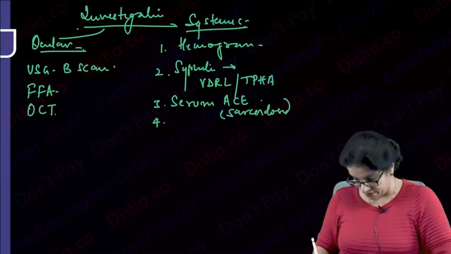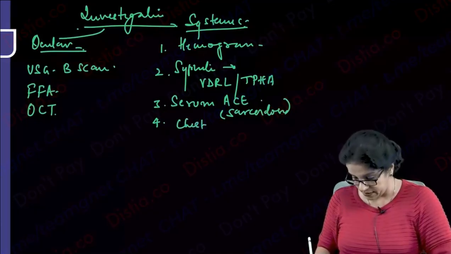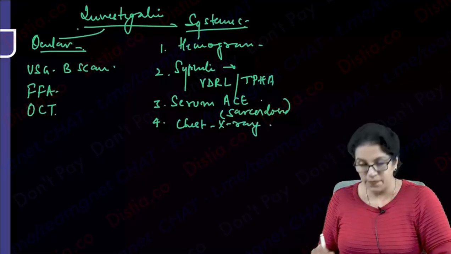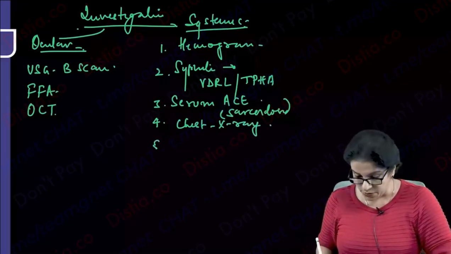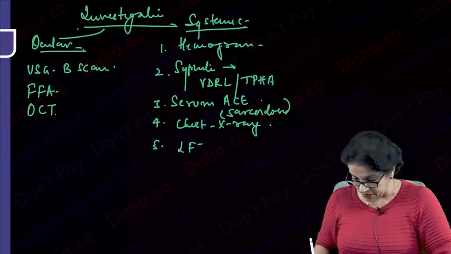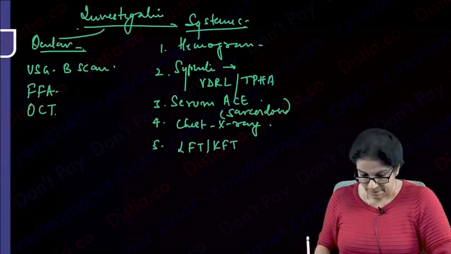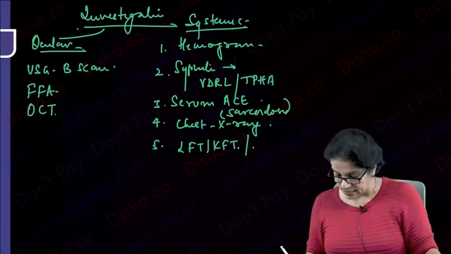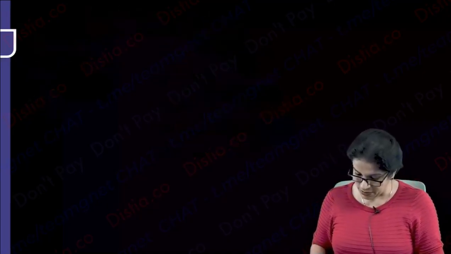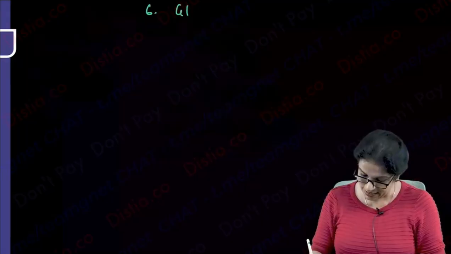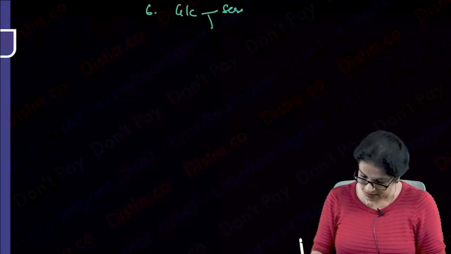And of course, I can also do a chest X-ray, right? Then I should also be doing the LFT, KFT, and your glucose has to be seen again, both in serum as well as in urine.